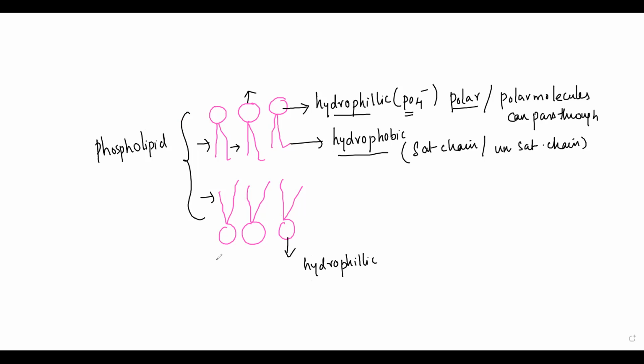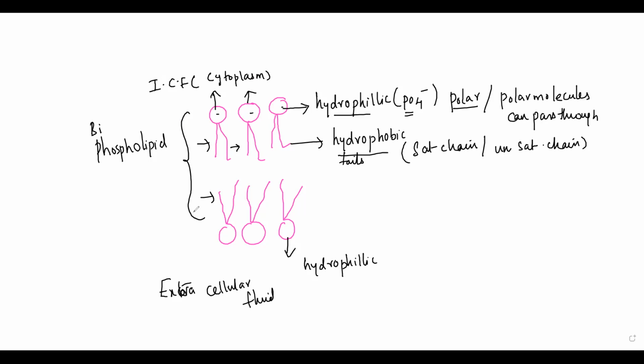This can be your extracellular fluid, children, that is, your tissue fluid, and this is facing your intracellular fluid, which is none other than your cytoplasm. So your plasma membrane is a phospholipid bilayer, with the first and second layers made up of hydrophilic heads and hydrophobic tails.